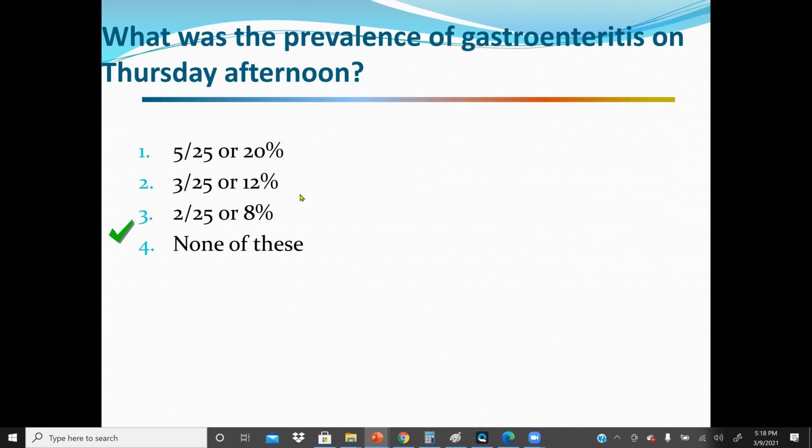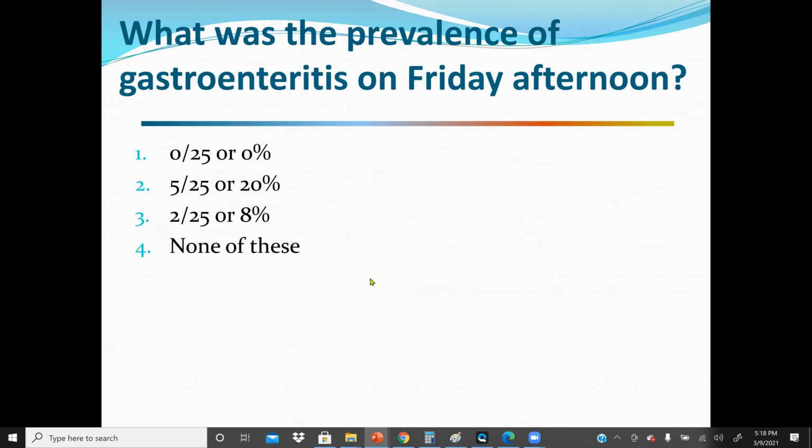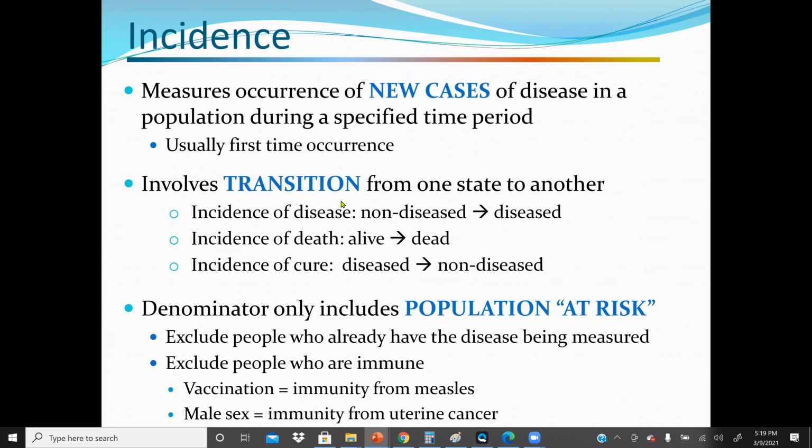If it's on Tuesday or Wednesday, then we may have 5 over 25. Now, what was the prevalence of gastroenteritis on Friday afternoon? By Friday afternoon, everybody has recovered. So it's 0 over 25, since the 5 recovered.